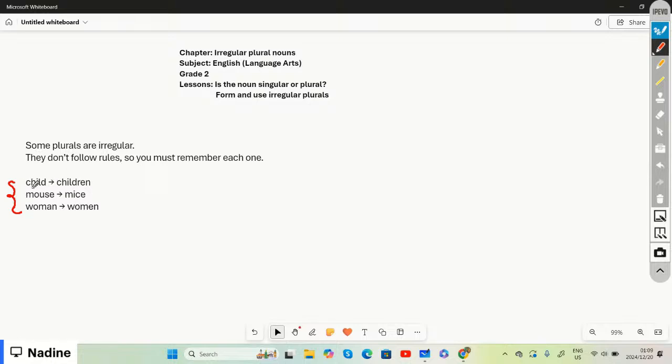For example, child. If we have one child, we see there's one child sitting on the bench alone. But now we want to say that there's more than one child.